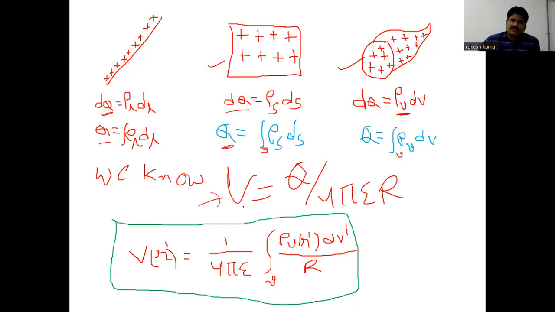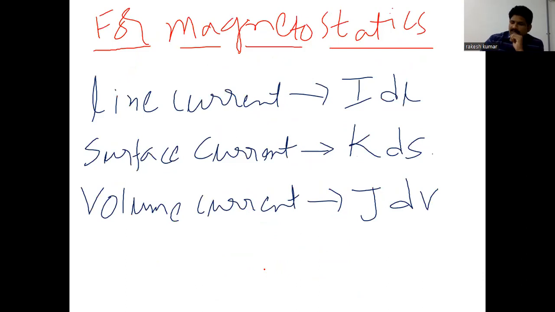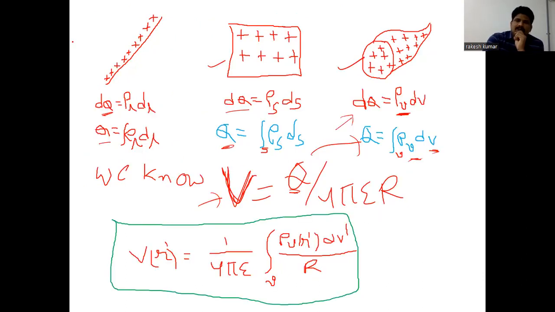We know that the expression for the scalar potential V is equal to Q by 4 pi epsilon R. For example, in the place of Q, I will replace this with the formula. Q is equal to the integral of rho V dv, so V is the integral of 1 by 4 pi epsilon into rho V dv by R. This is for electrostatics.